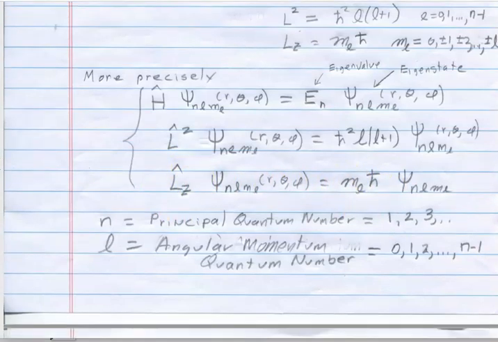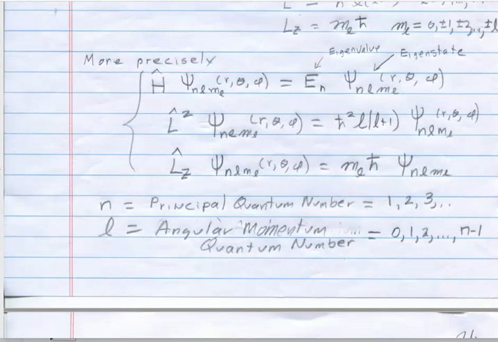Just to recall, I'm sure you're more familiar with this from previous classes, but n is called the principal quantum number, and it takes on values 1, 2, 3, etc. l is usually called the angular momentum quantum number for obvious reasons. It takes on values 0, 1, 2, all the way up to n minus 1. So whatever the value of n is, we're limited here to what this goes to.